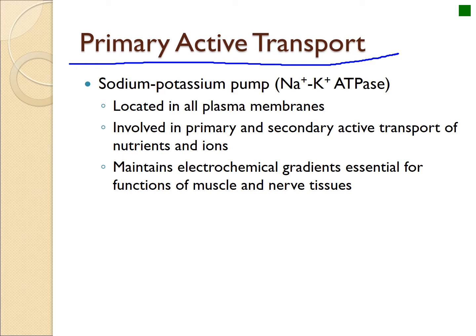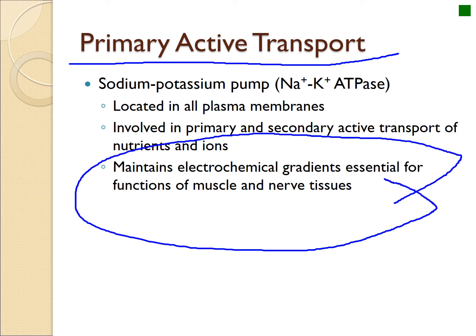We're going to see that this can be used to concentrate materials in the cell or actually produce what's called an electrical gradient. That means, particularly with charged particles, we can control if the outside of the cell is negatively or positively charged based on how we move negatively or positively charged materials in and out of the cell and at what concentration we keep them. We're going to review this a little later when we look at muscle and neural physiology.